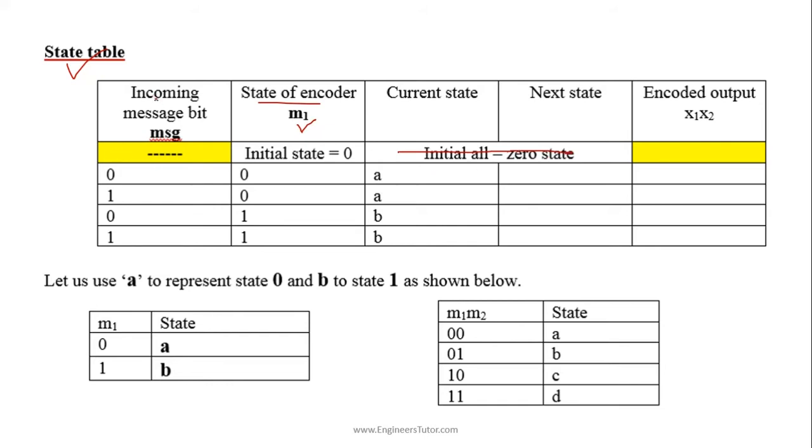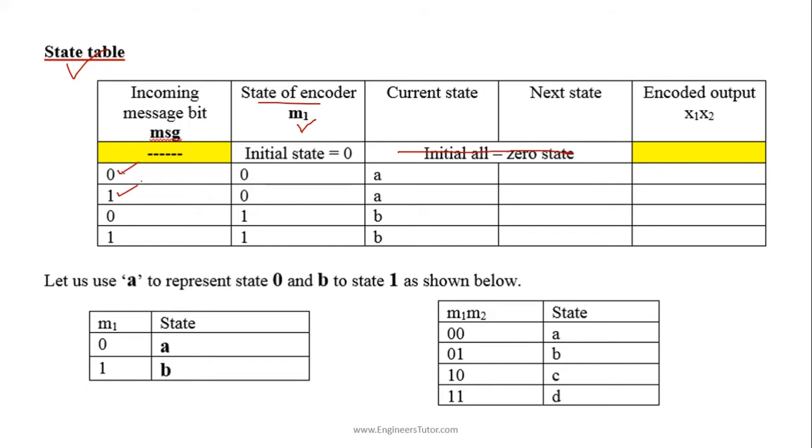The state of the encoder depends on the incoming message bit, whether the incoming bit is 0 or 1. So the change of state depends on the incoming message bit.